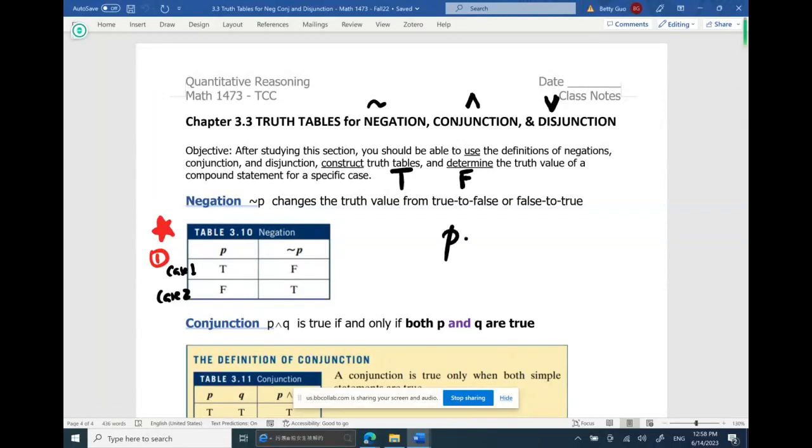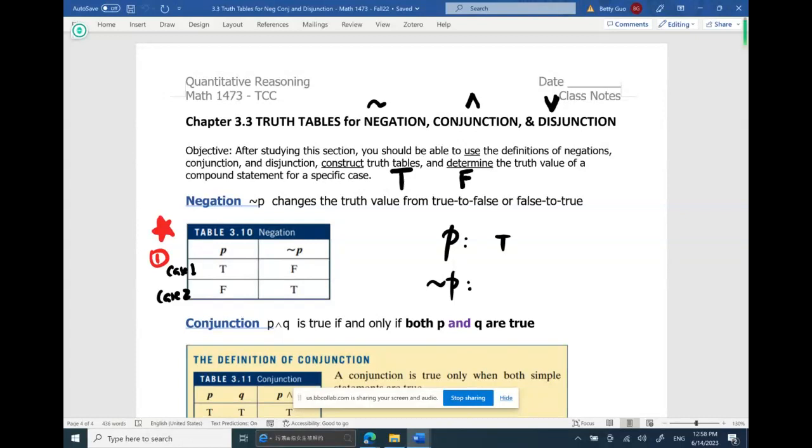If we say P is, let's say, London is the capital city of England, we know it's true, right? Then not P would represent the statement that London is not the capital city of England.